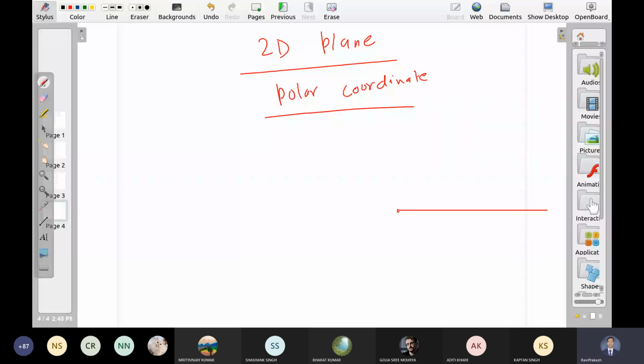Move along this direction. And this is theta cap. Okay. And this angle is theta.